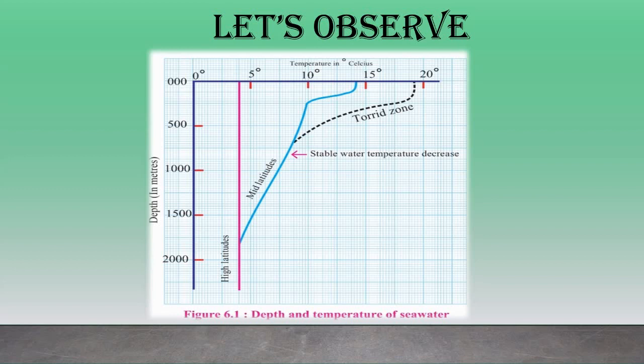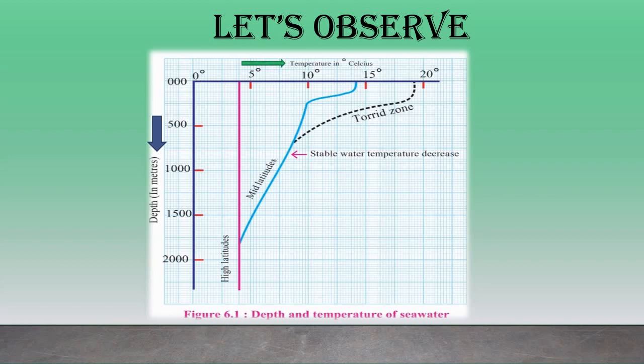Now, let's observe the figure. So, student, you can see in this figure that the vertical line shows seawater depth starting from 0 to 2000 meter, whereas the horizontal line shows the temperature in degree Celsius. It starts from 0 degree to 20 degree.